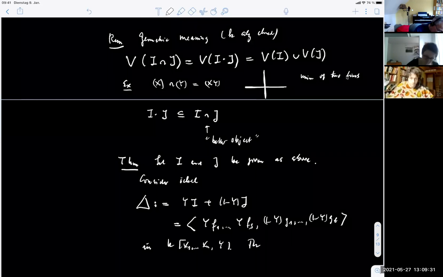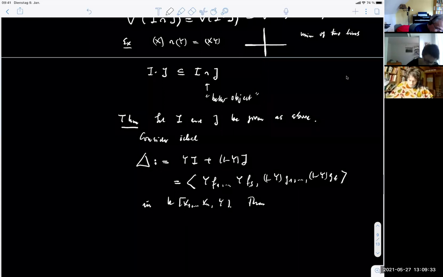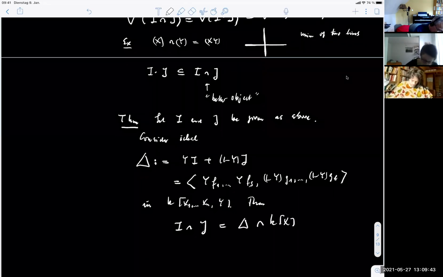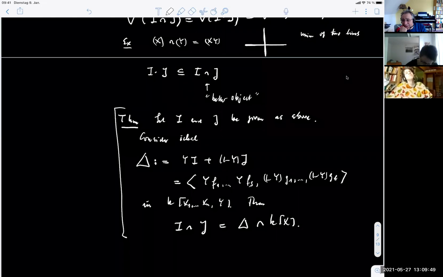And the claim is this: the intersection of I and J I get as an elimination ideal, namely, I just intersect my delta with K[x]. So if you can compute elimination ideals, and I explained in principle how to do it with the Gröbner basis, we can compute the intersection of ideals.